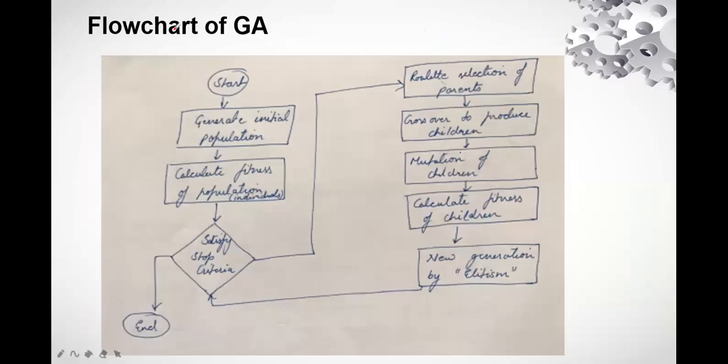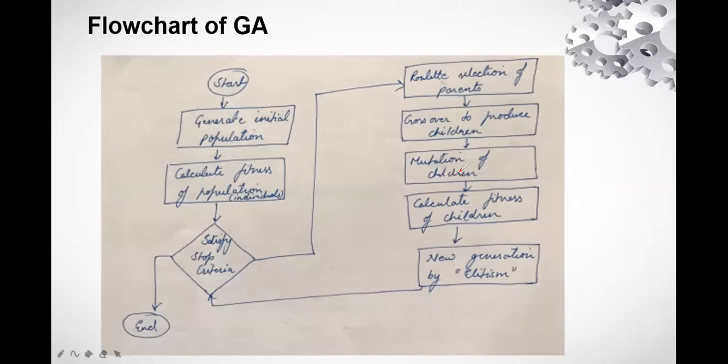So what is the flow chart? It is: start, generate initial population, calculate the fitness of the population, and check the stop criteria. What are the steps we have to follow? We have to do the selection procedure. There are different types of selection procedures, which we will see in further lectures. This is roulette wheel, which I have written. Then we have crossover to produce children.